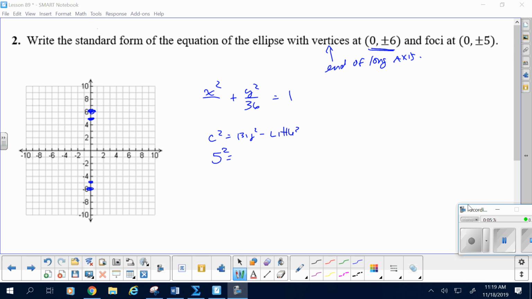Which one? 36 is big squared, and little squared is to be found. 25 equals 36 minus little squared, which means little squared is 11, so little is root 11. Now in terms of graphing it, the minor axis, we would go between 3 and 4. Okay, root 11 is between 3 and 4.